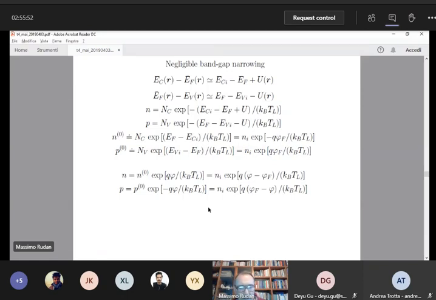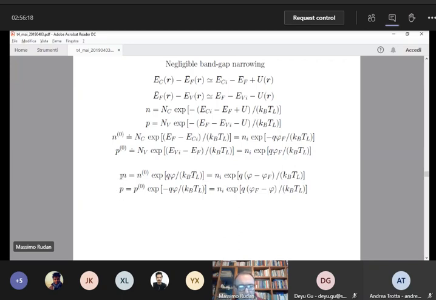However, these two expressions are very, very important because they show you that in the general case in which the dopant concentration depends on position, but we are in the equilibrium condition, because we have been using the Fermi statistics to come to this point. Okay, so we are in equilibrium.